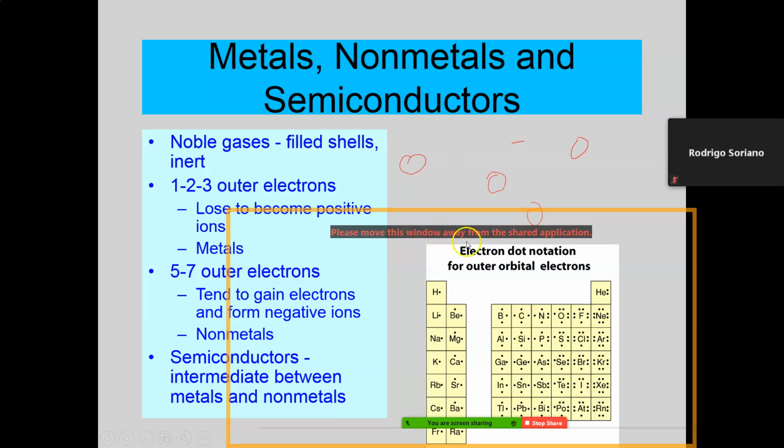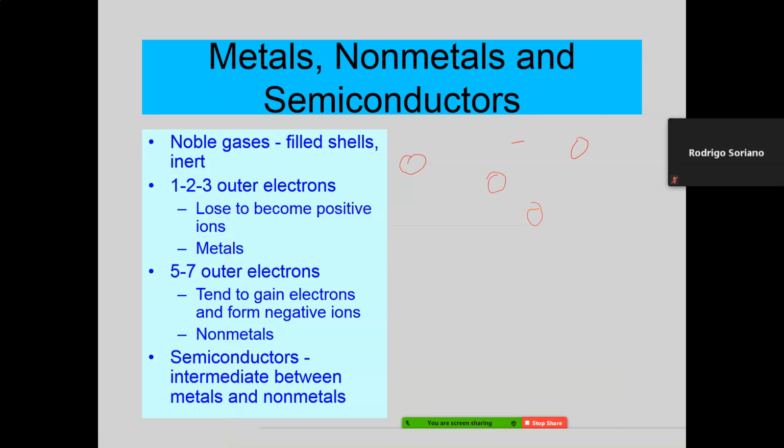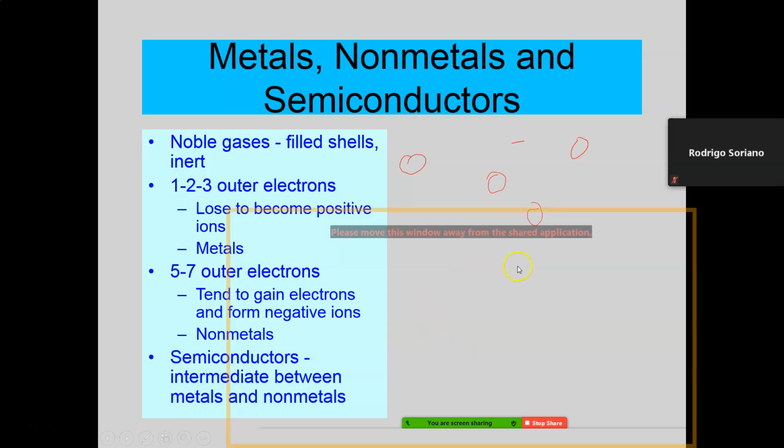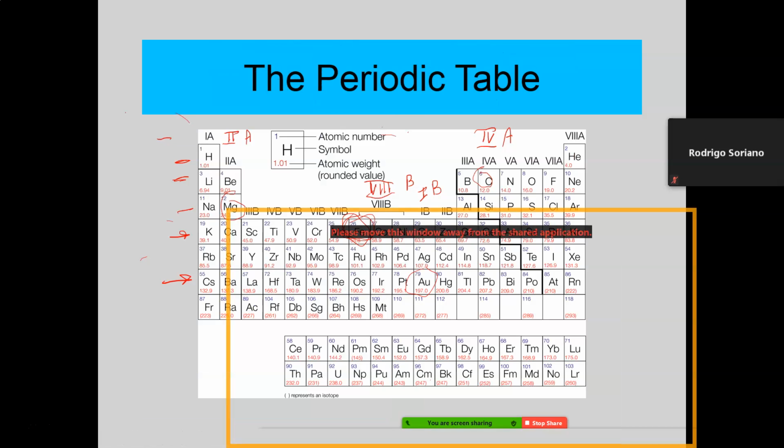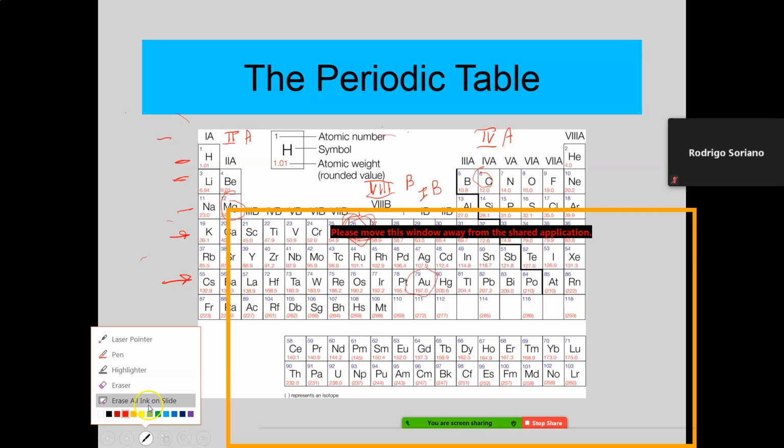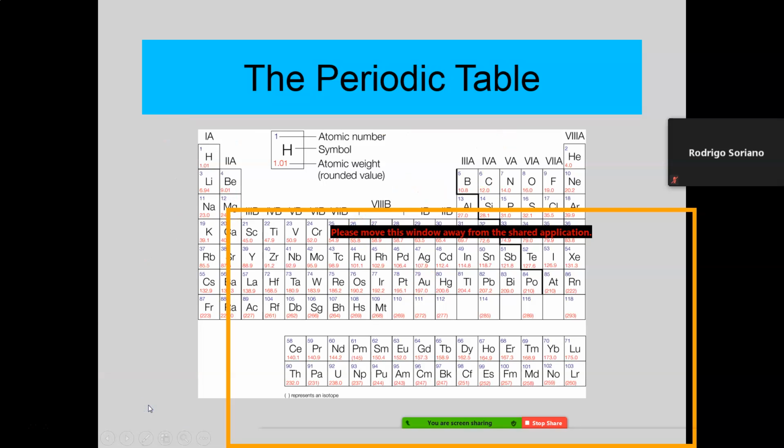You see, these don't show the transition metals. It has some of them in there, but not most of them. What I would go by was, why won't this advance? There we go. I'm going to erase as much as I can.